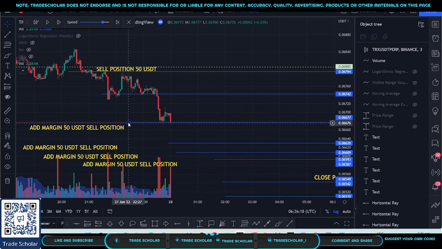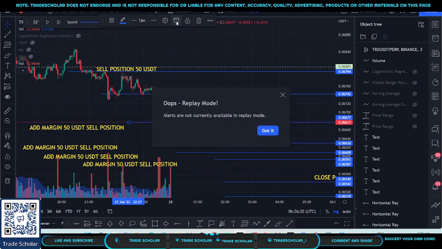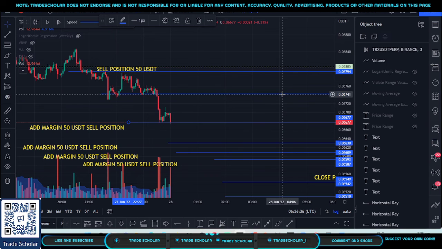You just click this line here and then you see this alarm. When I am busy, I put an alarm. So when I hear the alarm, that's when I place a market order and add margin. You add margin to your trade, so you keep adding until the downside, once you see the alarm.